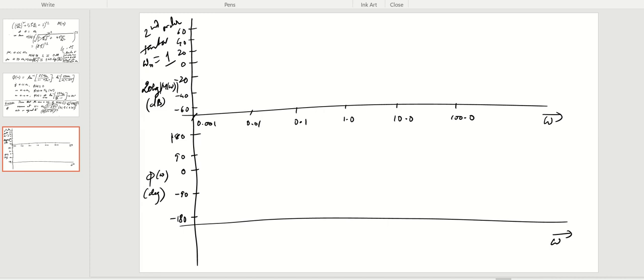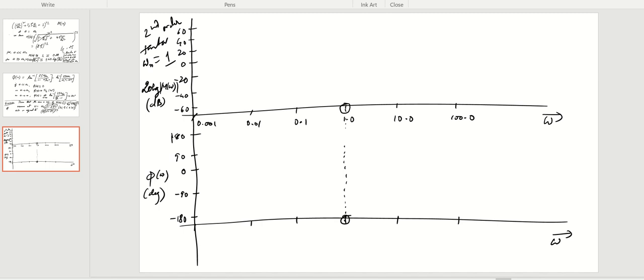So we have chosen this to be our critical frequency, the break frequency. Let me just put these points here, same as we've been doing throughout.